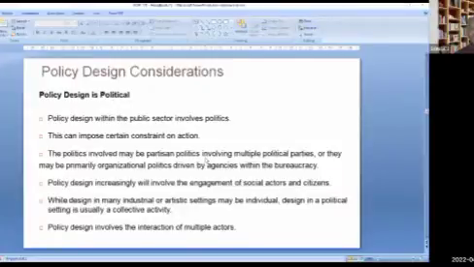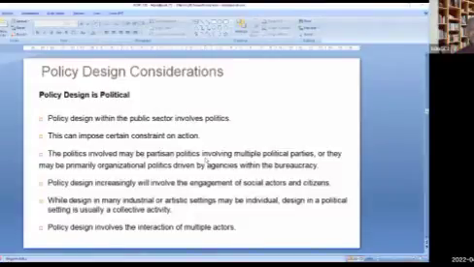The politics involved may be partisan, involving multiple political parties, or they may be primarily organizational politics, driven by agencies within the bureaucracy. You can have different agencies within the same organization competing, pursuing their own individual agenda.